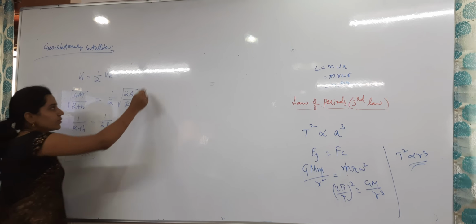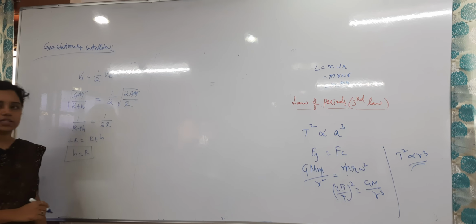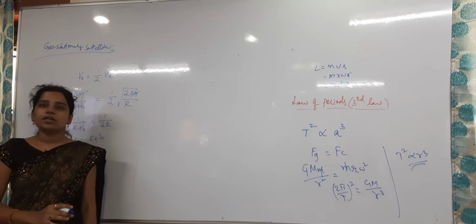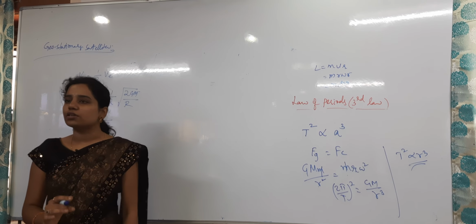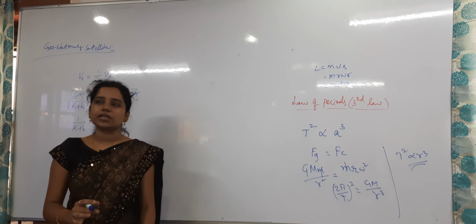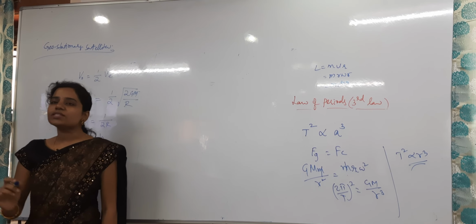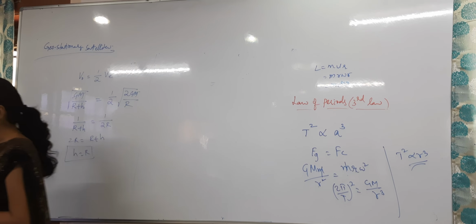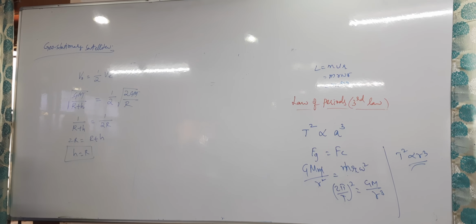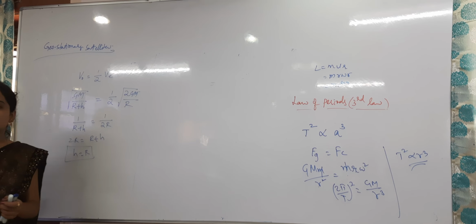Next one is, whenever it stops suddenly and then falls on the ground, with what velocity will it hit the ground, they are asking. First of all, whenever the satellite is revolving in the orbit, at that time it will have what energy? Total energy is how much? Minus GMm by 2r, right?